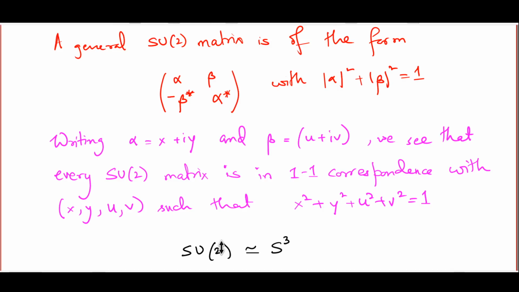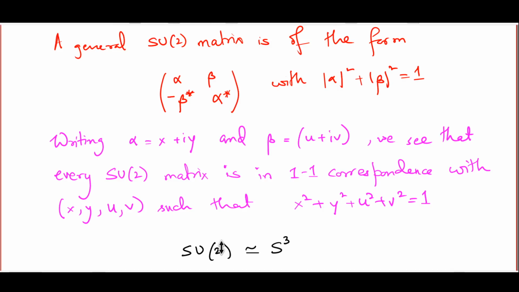So, you have a one-to-one correspondence between every SU2 matrix on the one hand and every point in four-dimensional space which satisfies the constraint x square plus y square plus u square plus v square equals 1, which happens to be nothing but the three-sphere S3.